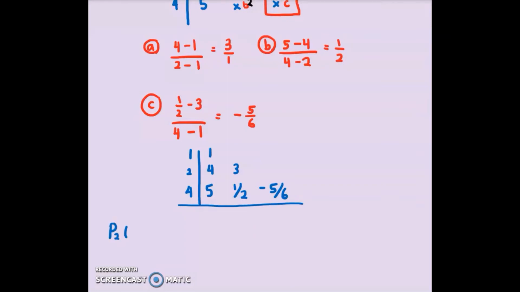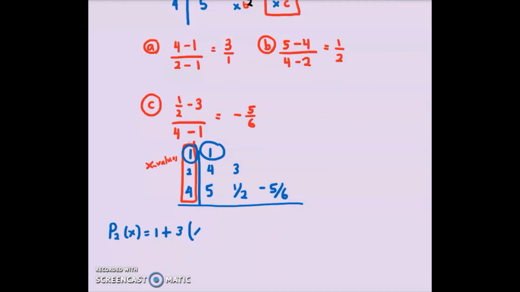So my P2(x) is given as 1 plus 3. Okay, now this is my x value. So I've told you these are my x values here. These are all my x values. So I must consider this value here.